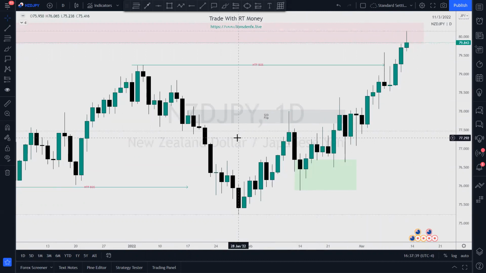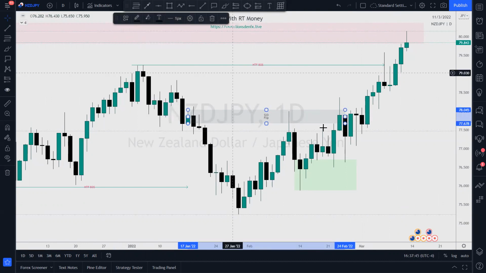Watch. In this case, this was a supply zone before all this came. Price is coming down, we make this supply zone here, we flush to the downside, break of structure.